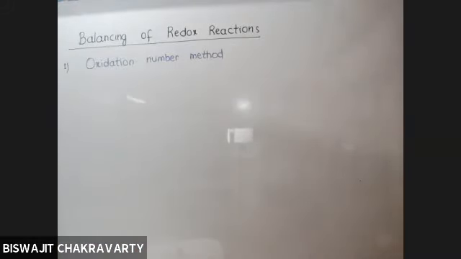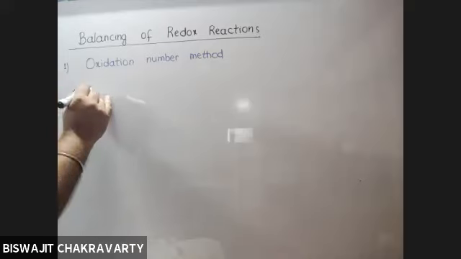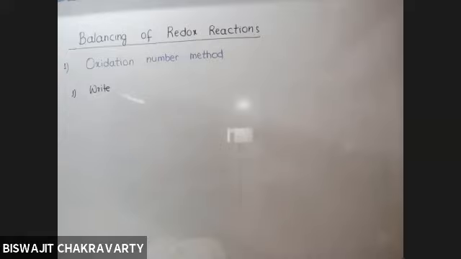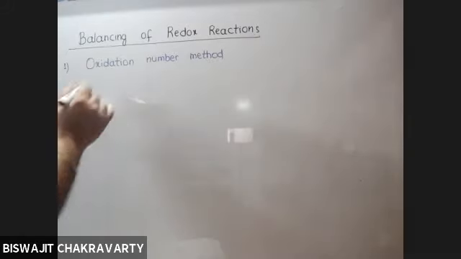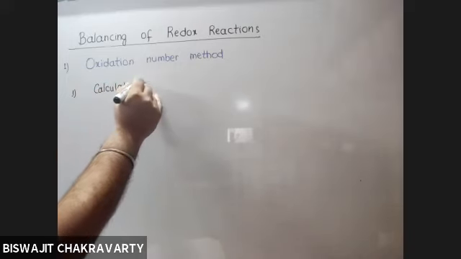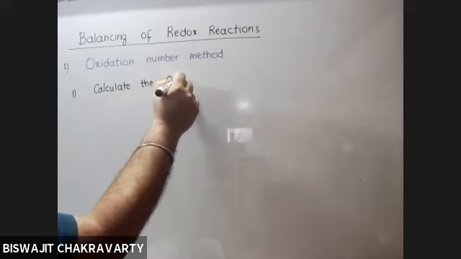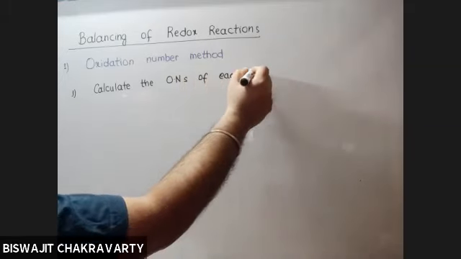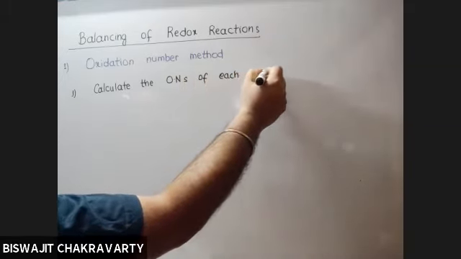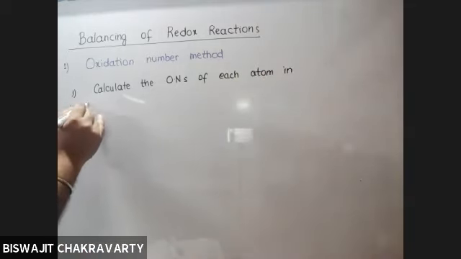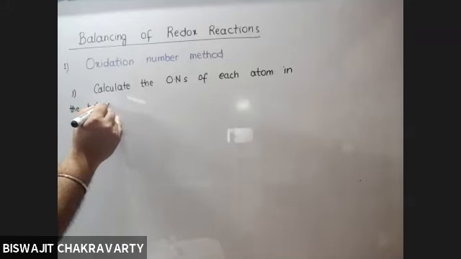So write rule number 1. Calculate the oxidation numbers of each atom in the balanced equation.